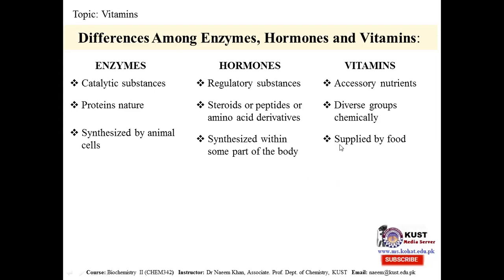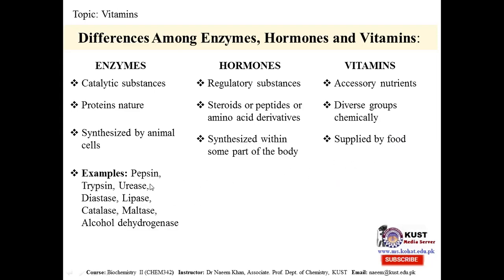But in general, humans cannot synthesize vitamins. Some examples of very common enzymes we know are pepsin, trypsin, urease, esterase, lipase, catalase, maltase, and alcohol dehydrogenase. Among these, pepsin and trypsin are pure protein enzymes, but alcohol dehydrogenase is a compound protein enzyme.